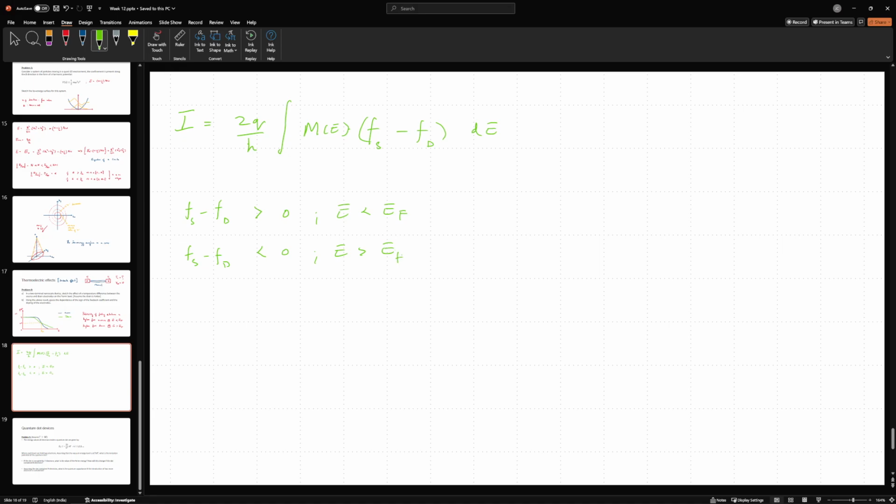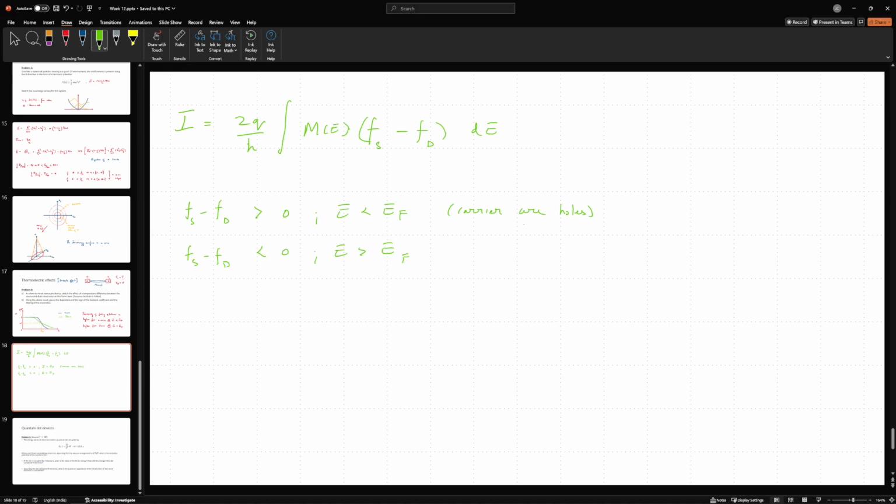So this tells me that there is going to be a positive current if my energy levels are predominantly below the Fermi level, and there is going to be a negative current as a result of increasing temperature if E is greater than EF. So for E less than EF, my carriers are holes.